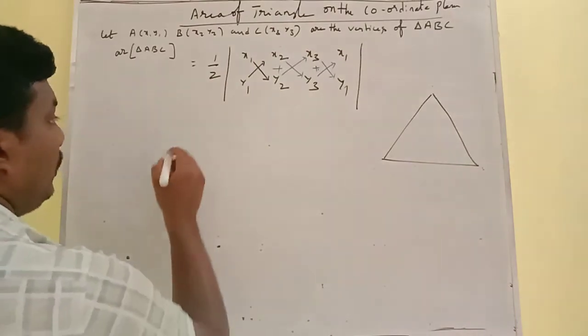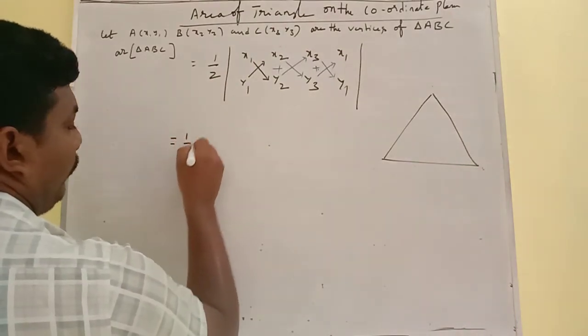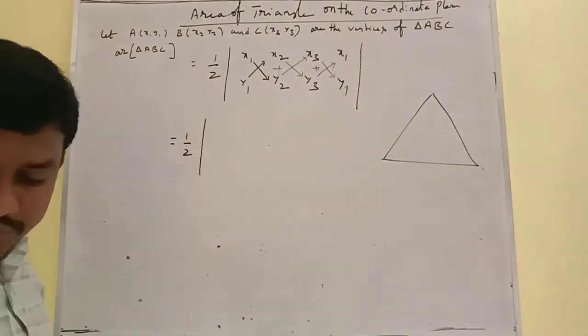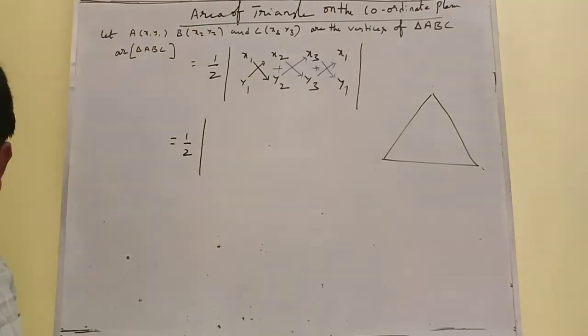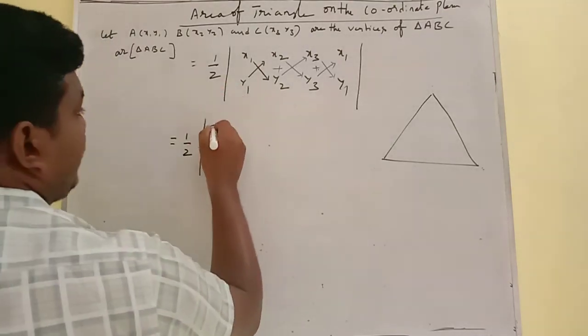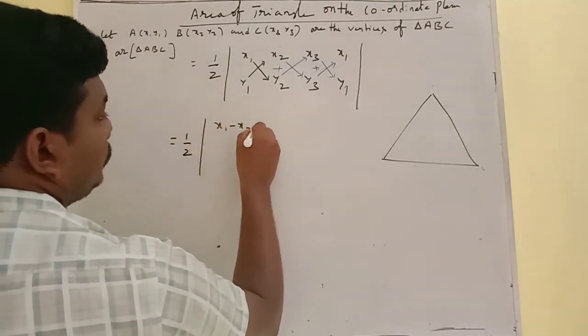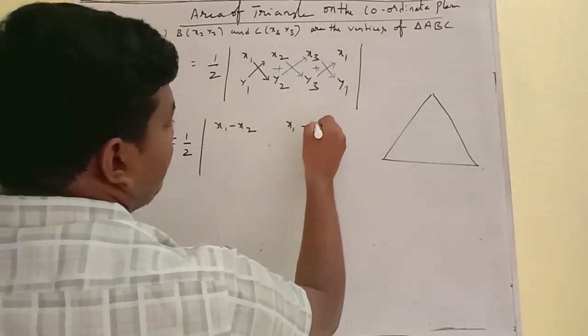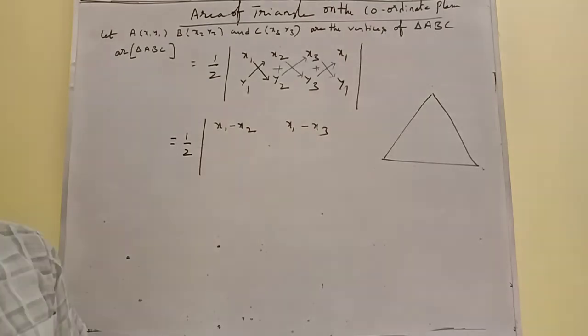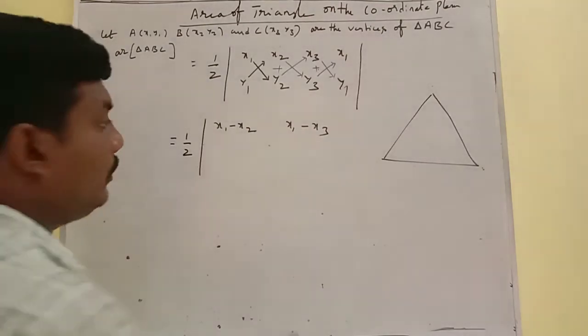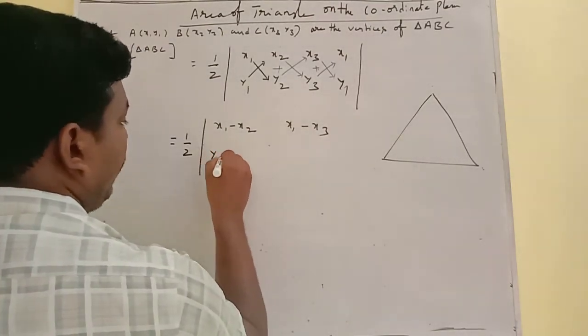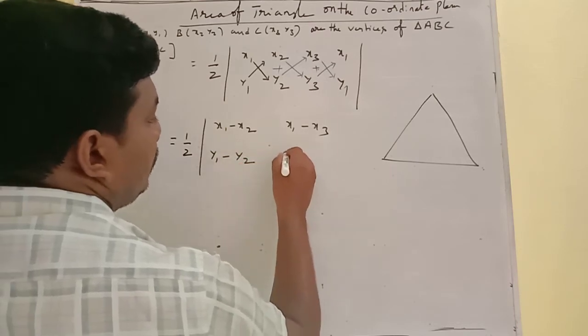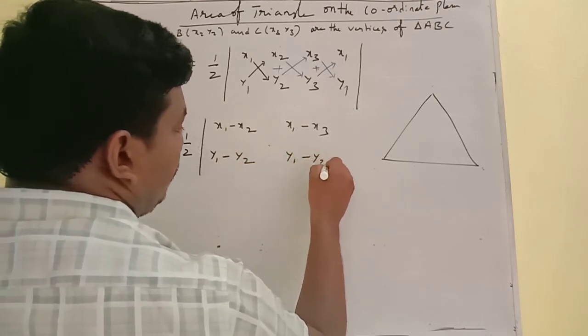Alternately, we can take half into the determinant with x1 minus x2 in a row, that is x1 minus x3, and in the same way y1 minus y2, this is y1 minus y3.